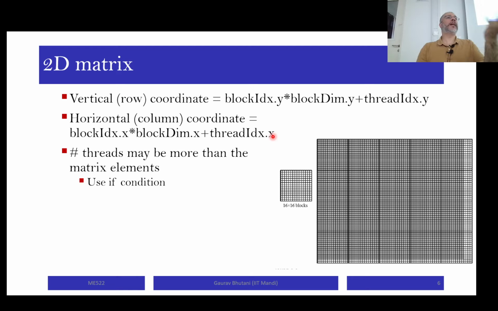So you have to use an if condition: if your row is less than the height and column is less than the width, you execute this. For the threads outside your requirement, you do not do anything, because there is no element of the matrix that maps to those threads.